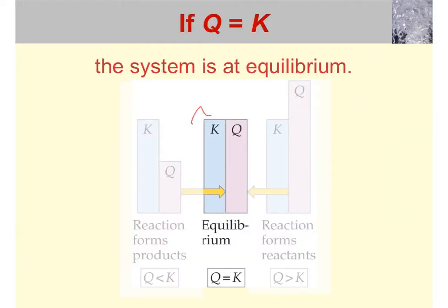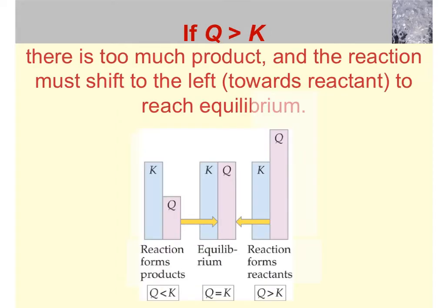So again, if Q equals K, we're at equilibrium, right? You need to be able to interpret the relative value of Q versus K and know which direction it's going to shift. So let's look at the different possibilities.